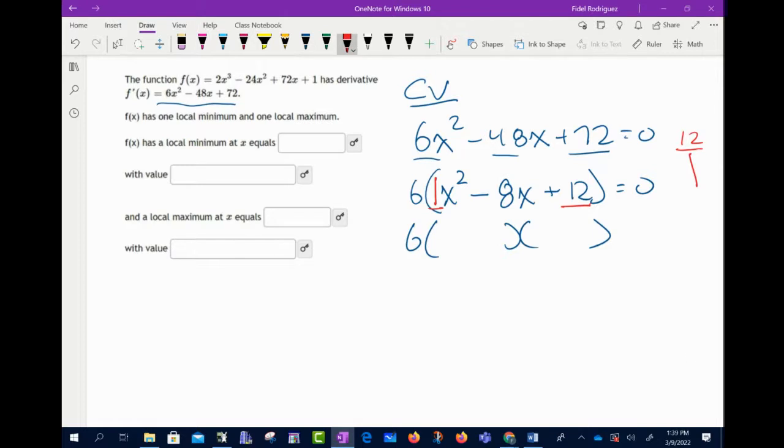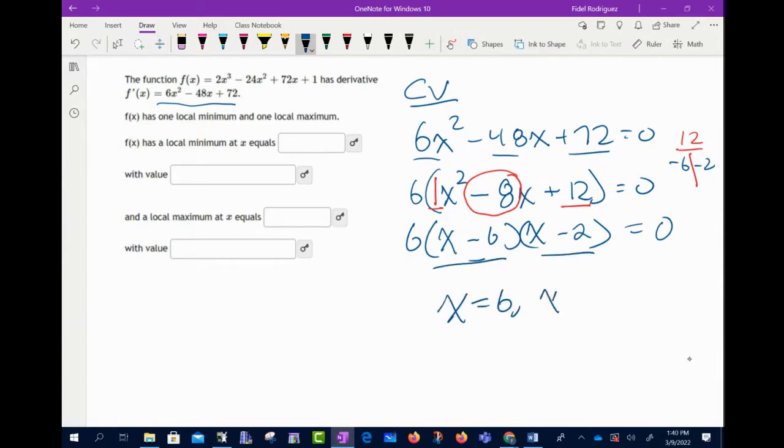Anybody know 2 numbers that multiply to 12, but when you add them together, would give you a negative 8? 6 and 2, both negative, right? Because if we multiply a negative 6 times a negative 2, there's our positive 12. If we add them together, there's our negative 8. We're going to set each of them equal to 0. So look, y'all, when we set each part equal to 0, everybody agrees we're going to get an x equals 6 and an x equals 2.